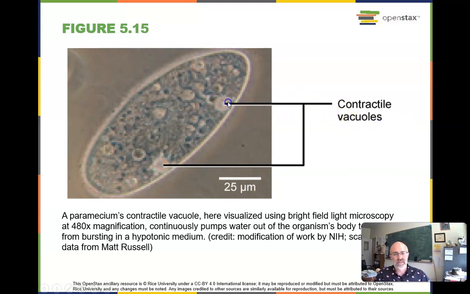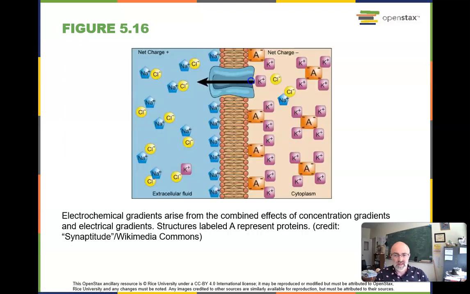These contractile vacuoles help them. Basically, it's kind of like their excretory system, where they're regulating the water levels inside of their cell, which happens to be their whole body. So that finishes our passive transport, particularly osmosis.